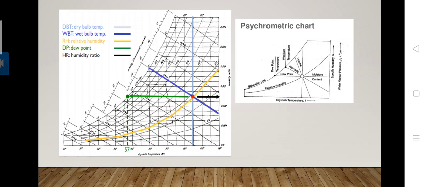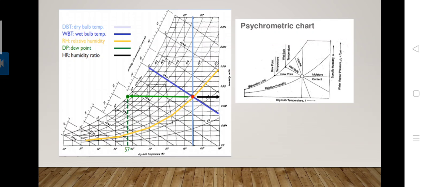Now we see the psychrometric chart. In air conditioning, the atmospheric air is to be treated, and the temperature and relative humidity of air are to be maintained as per the requirement. So in the design of air conditioning problems, it is necessary to know the properties of air at different conditions.